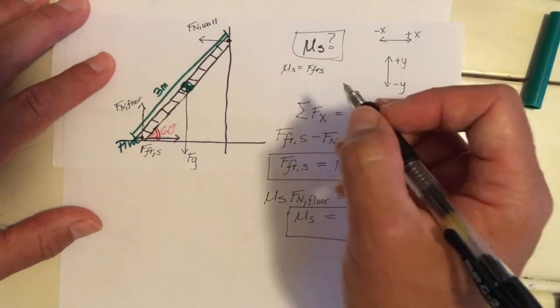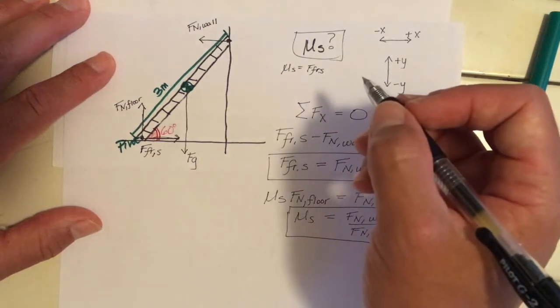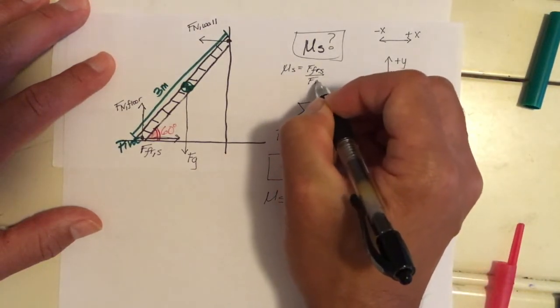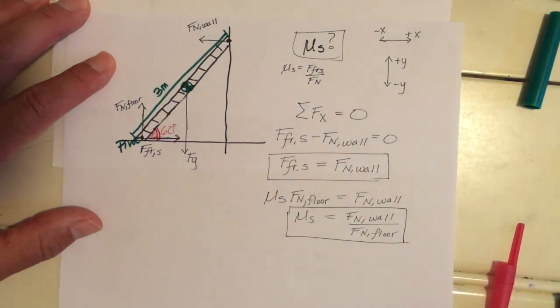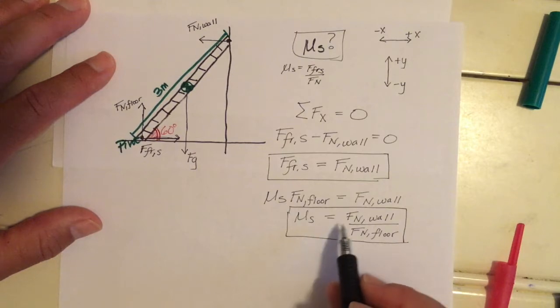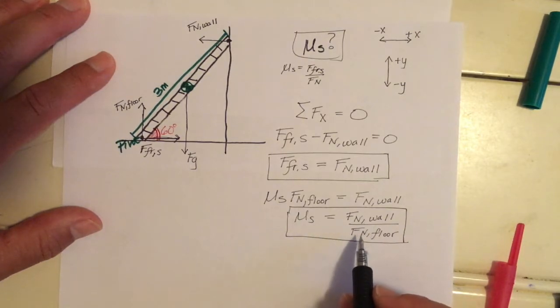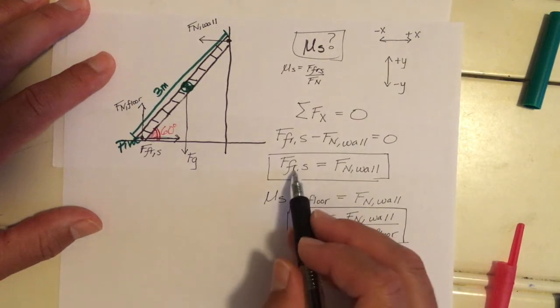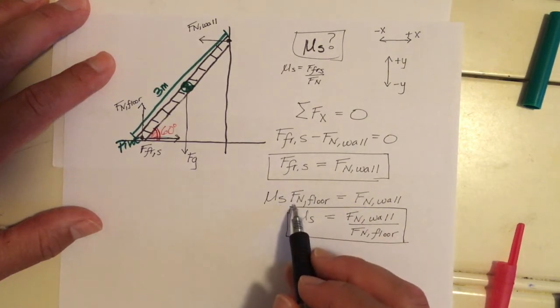Force friction equals mu Fn. Mu equals force friction over Fn. Utilizing that, so that's what we have here. Force friction static equals mu Fn.